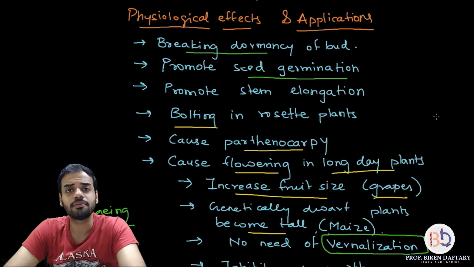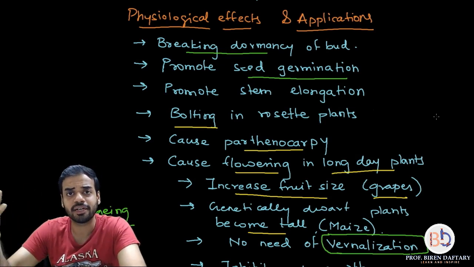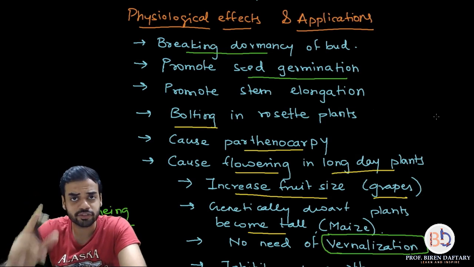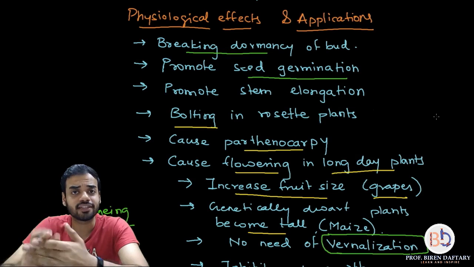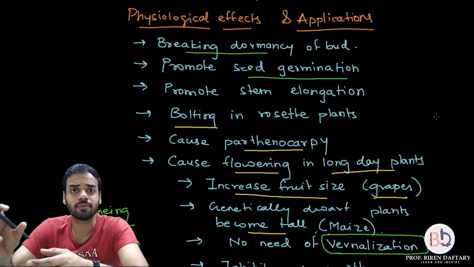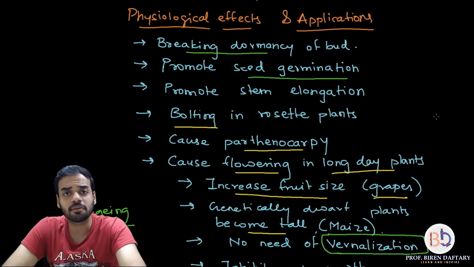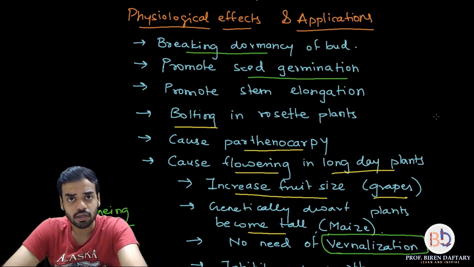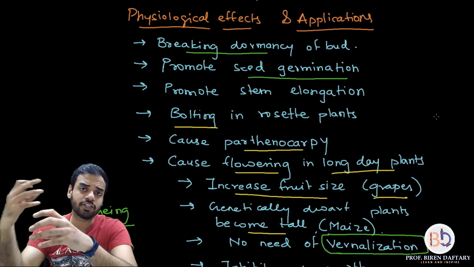So please remember the name of the fungus from where gibberellins have been isolated: Gibberella fujikuroi. The name of the disease which affects the rice plants, which was seen by Kurosawa, is Bakanae disease. Then remember, chemically it is a derivative of malonic acid, and gibberellins themselves are made from isoprene rings.